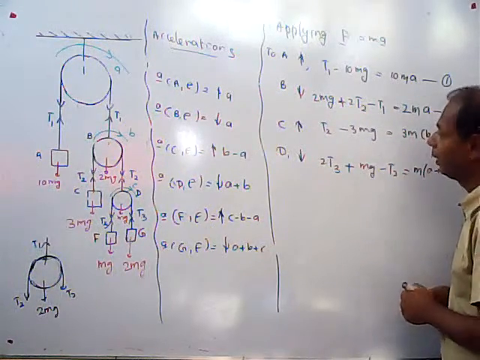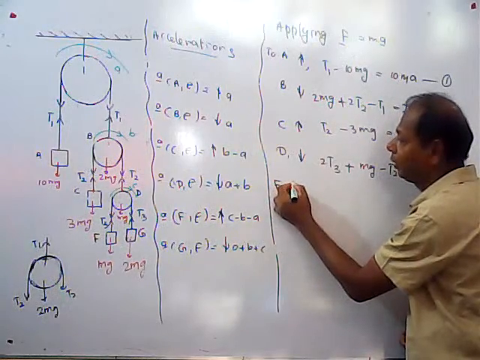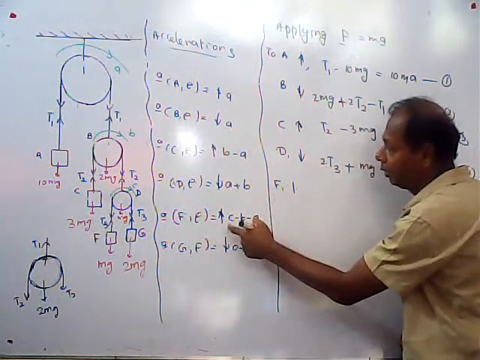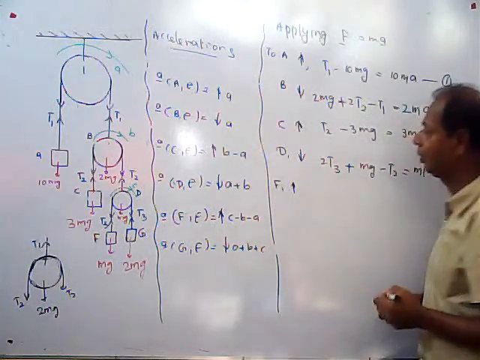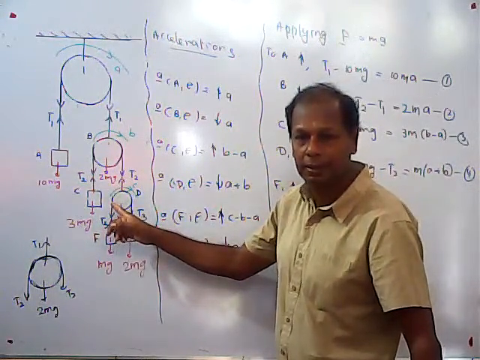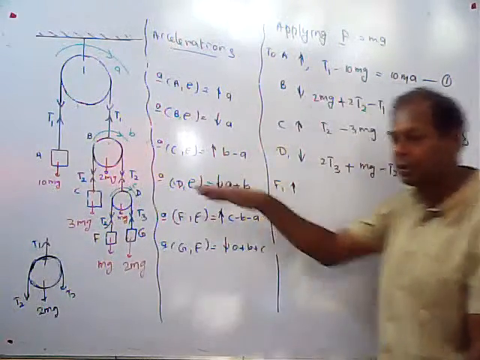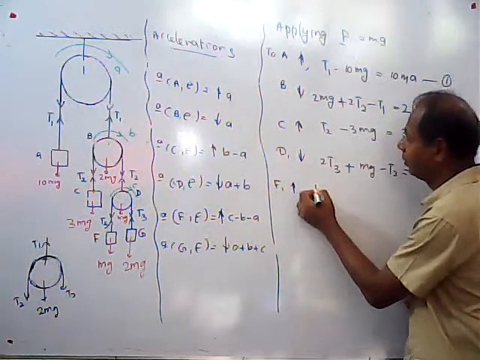Okay. Then I go to F, and relative to F, apply upwards. On F upwards, there is T3 minus mg. T3 minus mg, that's the left hand side, forces.